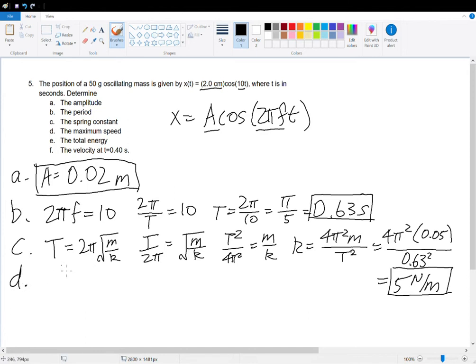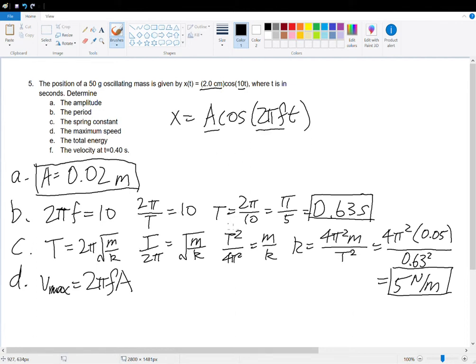All right, part D. The maximum speed. Okay, this one is just an equation we learned in class. We know that v max is equal to 2 pi f A. Now, in this equation, we would normally have to find f by just looking at the things we went over before.